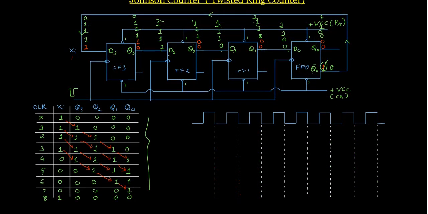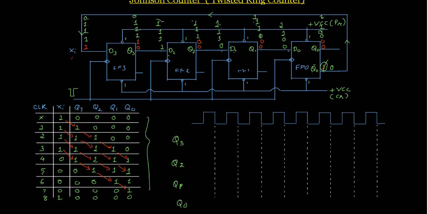So what are the waveforms for Q3, Q2, Q1 and Q0? We will write Q3, Q2, Q1 and Q0. All these flip-flops are triggered at the negative edge.